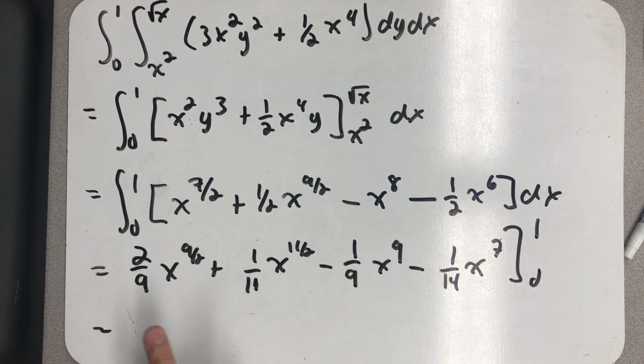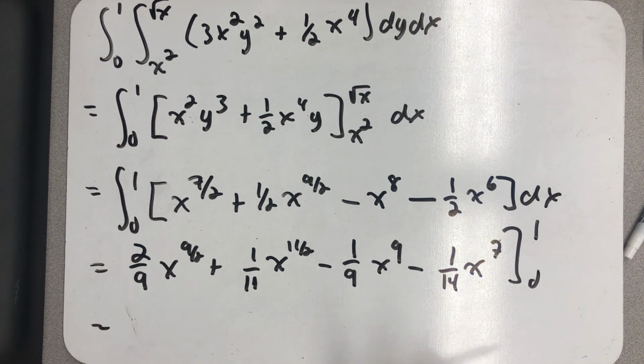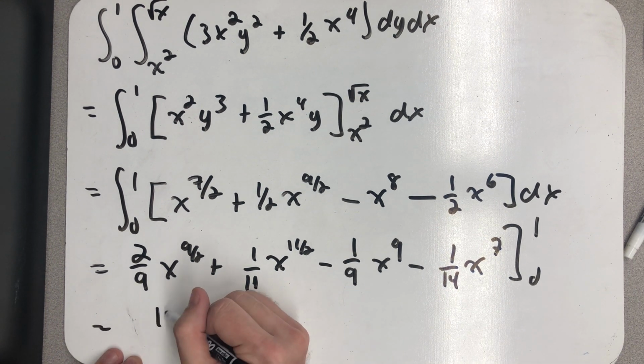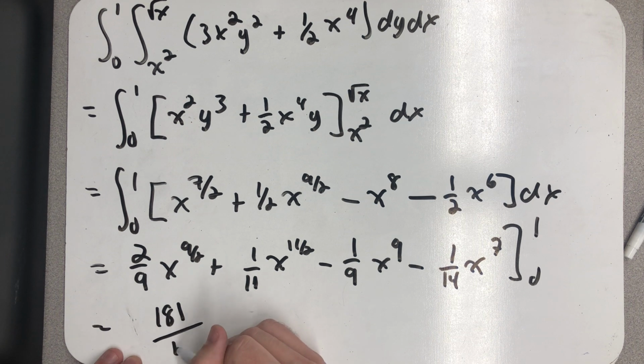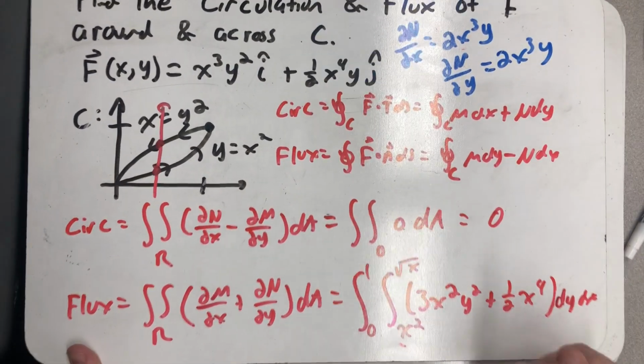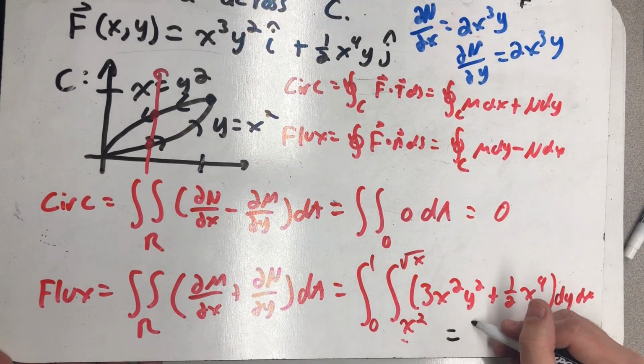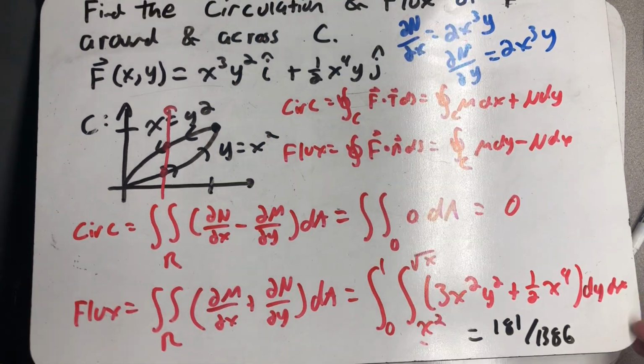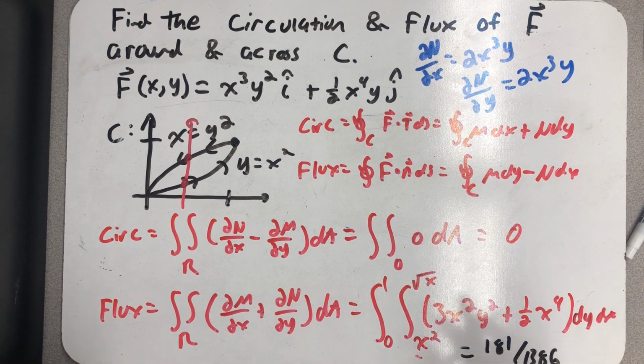Well, I need to plug a 1 in, which means I'm just taking the difference of all of these fractions, and what we get is 181 over 1386. So, the circulation was 0, but the flux across the boundary, 181 over 1386. And there we have the circulation and the flux calculated using Green's theorem rather than by directly evaluating the line integrals.